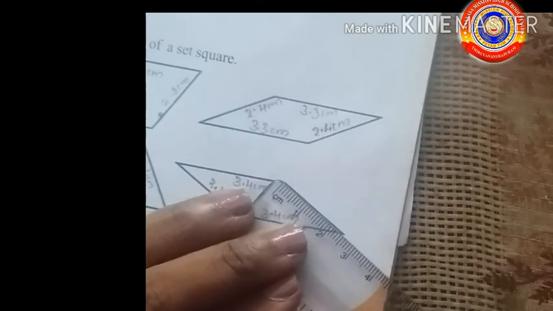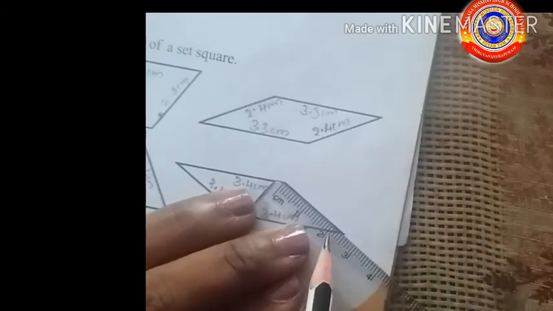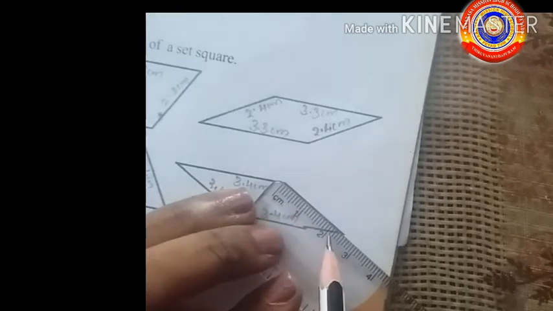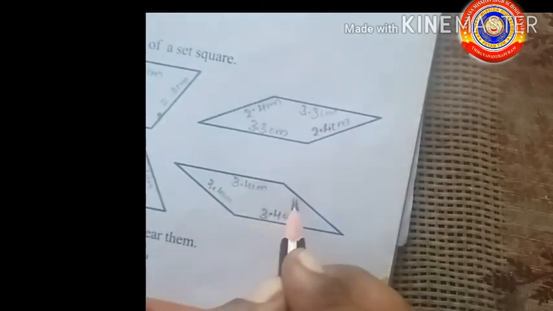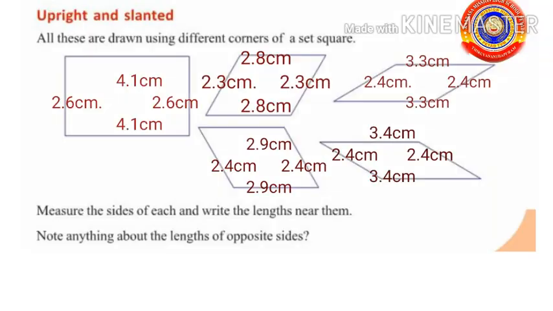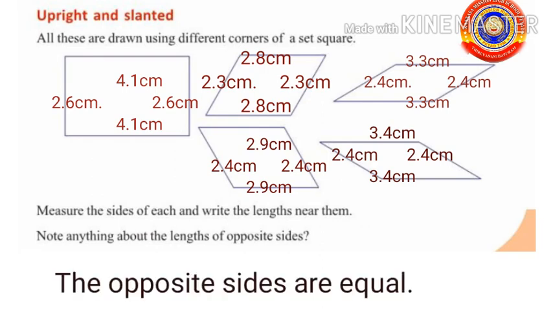Towards the right, and the measure, it is 2.4 centimeter. After measuring the length of each sides, what do you note about the length of opposite sides? Yes, the length of the opposite sides are equal.